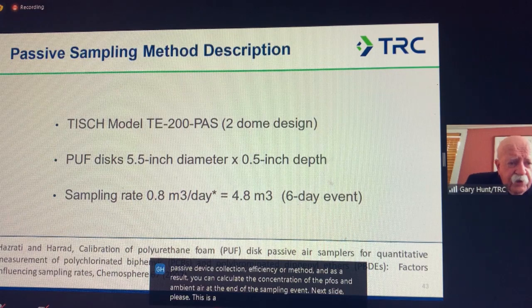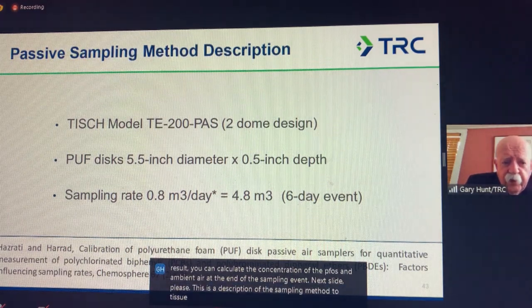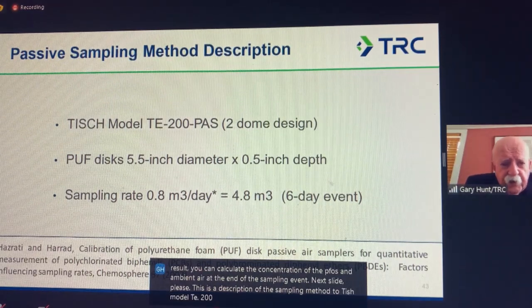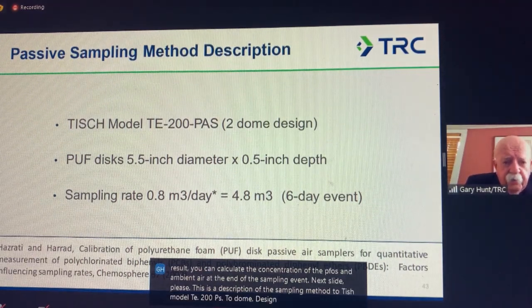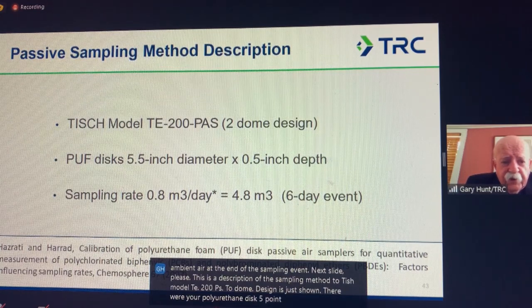This is a description of the sampling method. It's a TISH model, TE200 PAS, two-dome design as just shown. There were polyurethane discs, 5.5 inch in diameter, a depth of 0.5 inches.